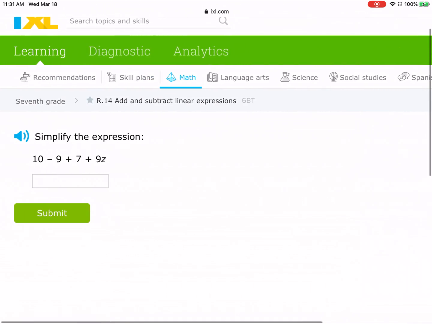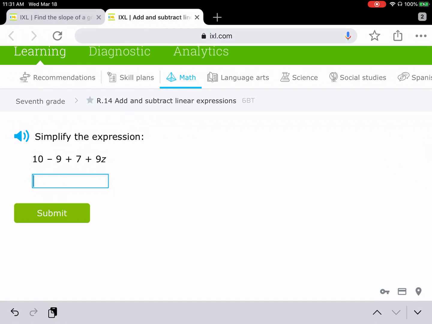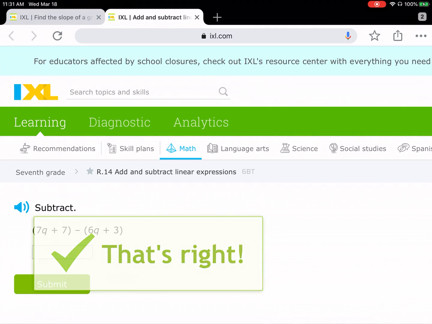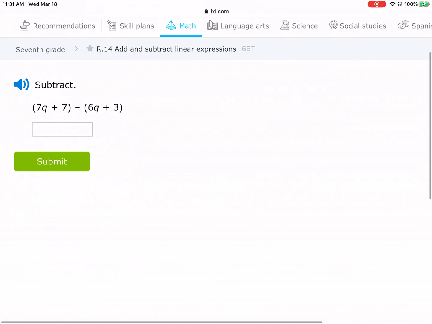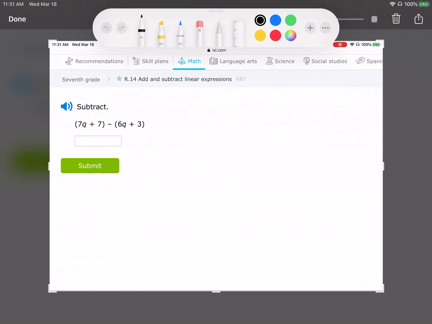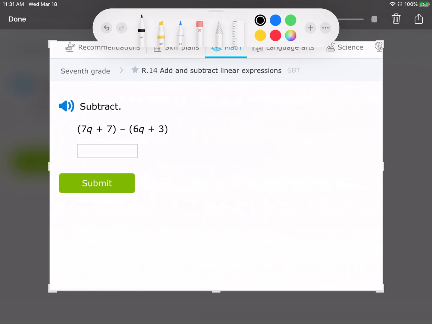So yeah, let me look at this. Here I'm looking at 10 minus 9 is 1, 1 plus 7 is 8, and then 8 plus 9z. There's 9z by itself, so I know it has to be in my answer. And this is what I really want to get to, because parentheses and negatives and minuses really mess students up. I'm going to show you two different options again.